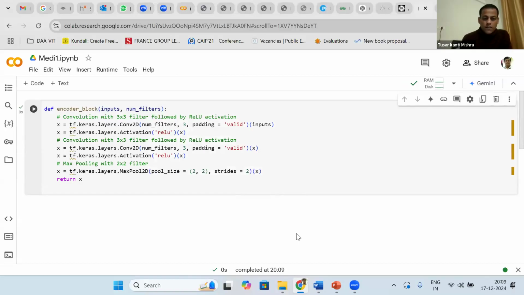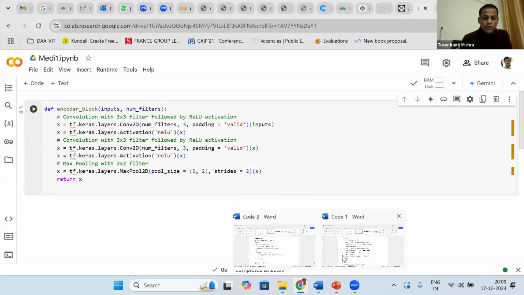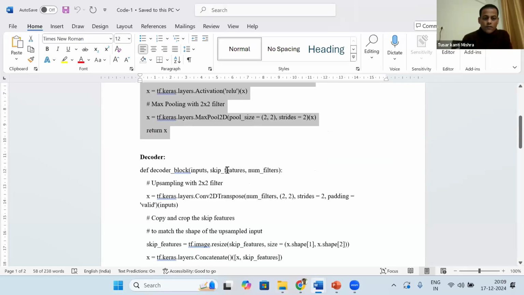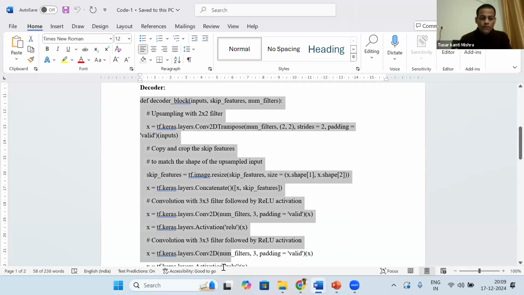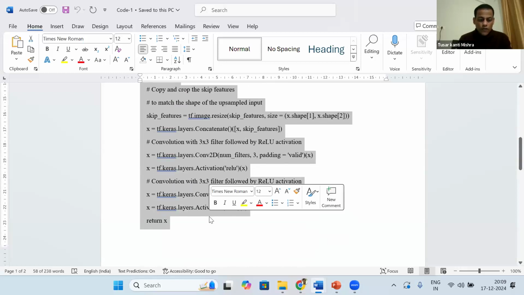Yeah, so it's done. Now we'll go for the decoder part, the decoder block. We're all doing it through Keras.